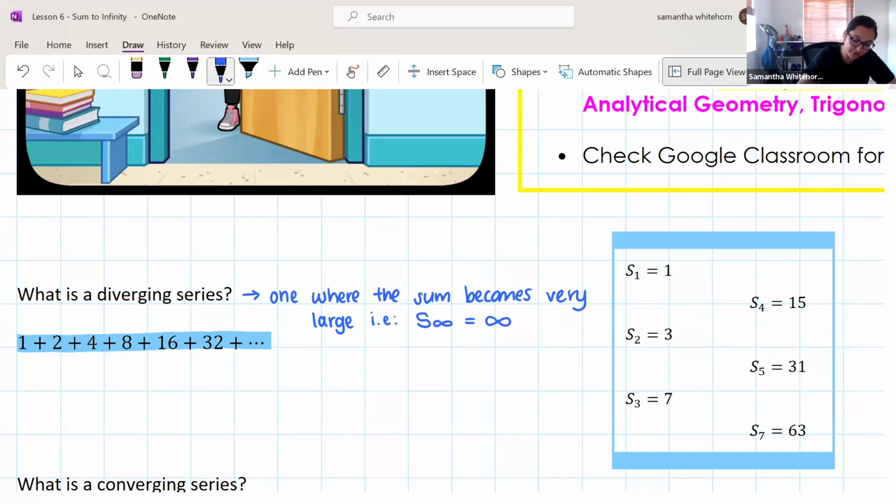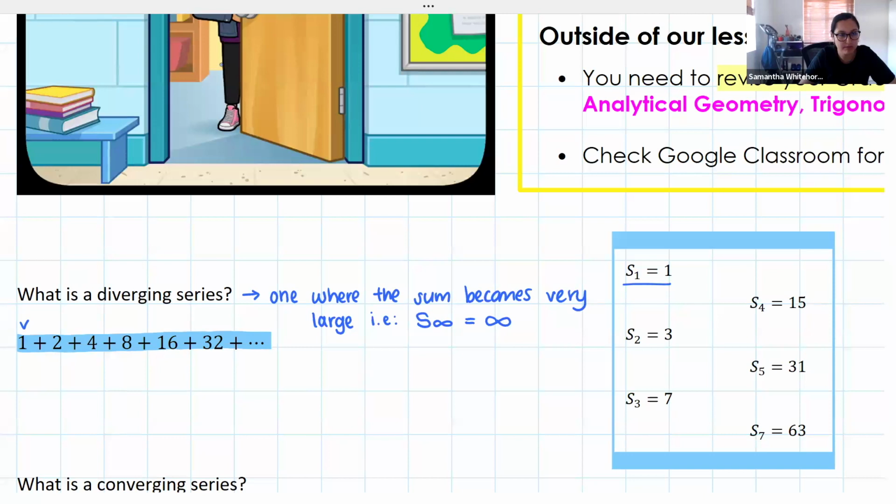So the sum of the first term, so just 1, is 1. The sum of the first two terms, so 1 plus 2, is 3. The sum of the first three terms, 1 plus 2 plus 4, is 7. And so we keep going.